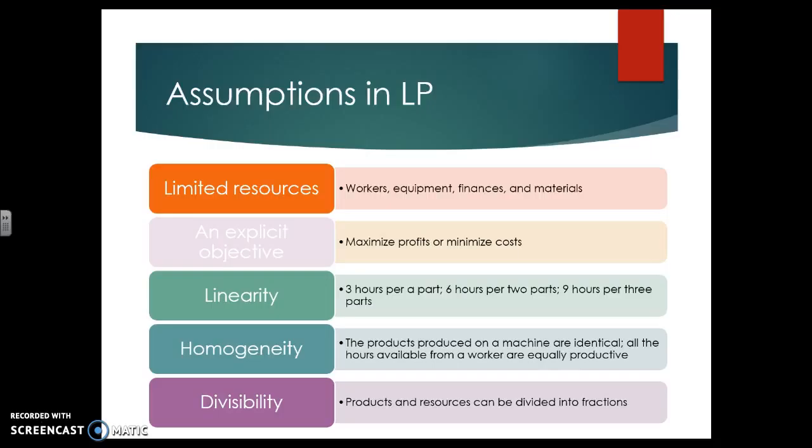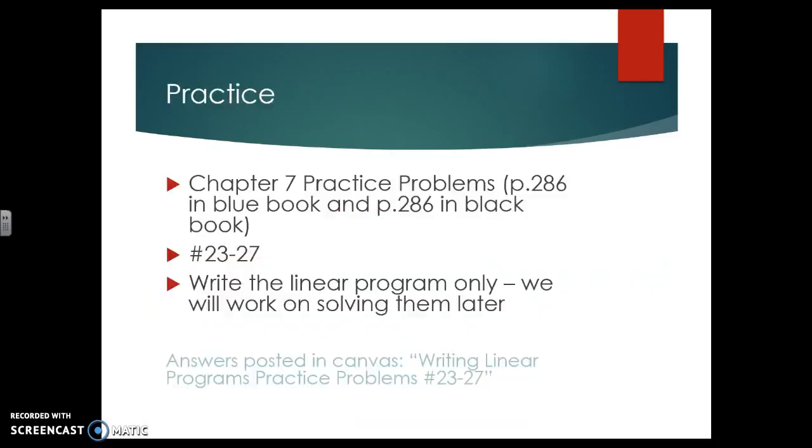So the productivity and the way that everything works is assumed to be the same, even though we really know that some people are more efficient, some machines might be newer versus older. We are just making that huge assumption. And we are also assuming divisibility. So we can actually take these big ideas and break them down into fractions. So parts of a whole.